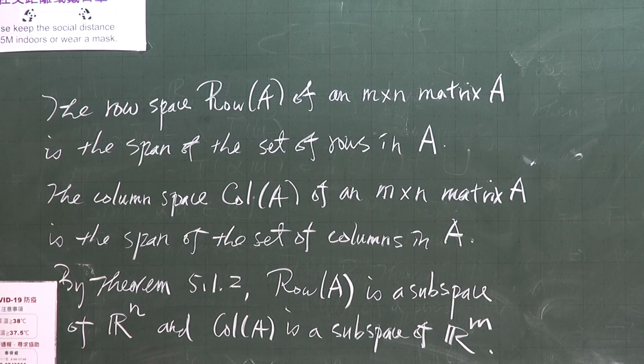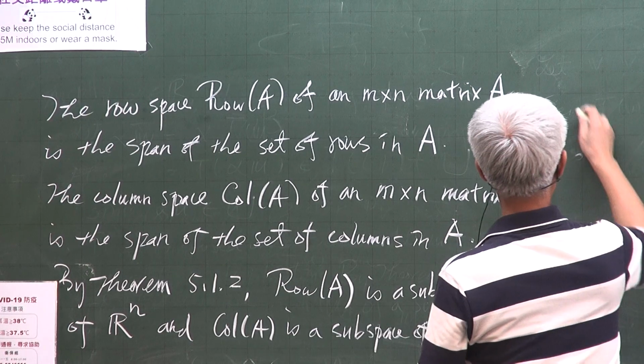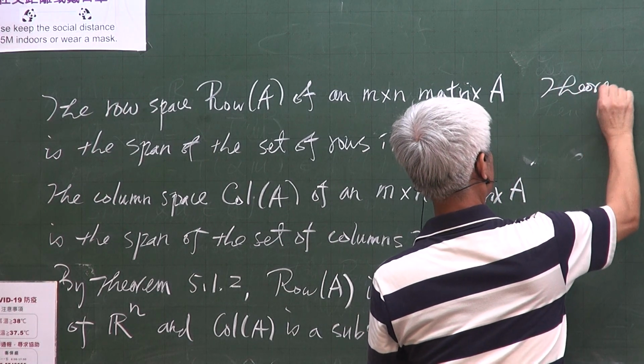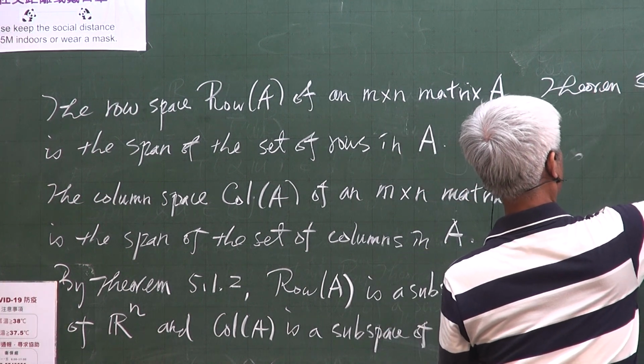Now we first investigate the row space of a matrix, and we will have Theorem 5.1.9.